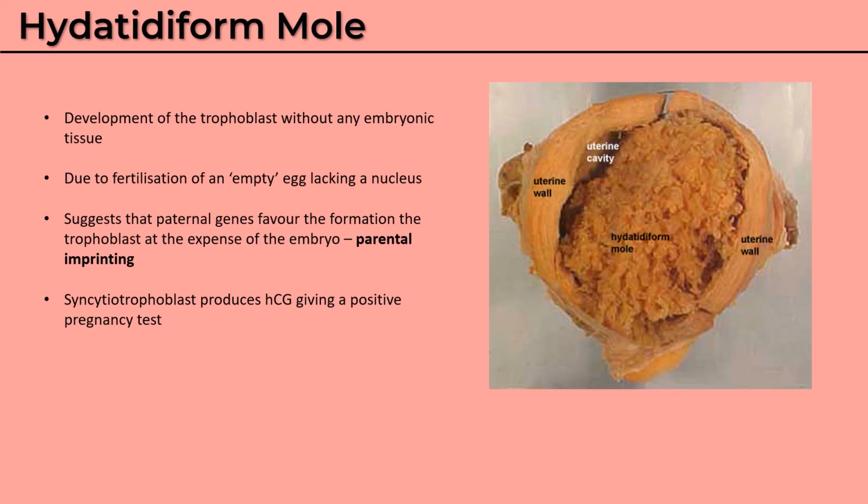And the reason that we can come up with that explanation for this is because it's in the paternal figure's interest to hide the embryo from the maternal immune system. So we have these syncytial trophoblasts that are produced to immediately hide the fertilized product of conception. And because these syncytial trophoblasts produce HCG, this can come up as a positive pregnancy test.